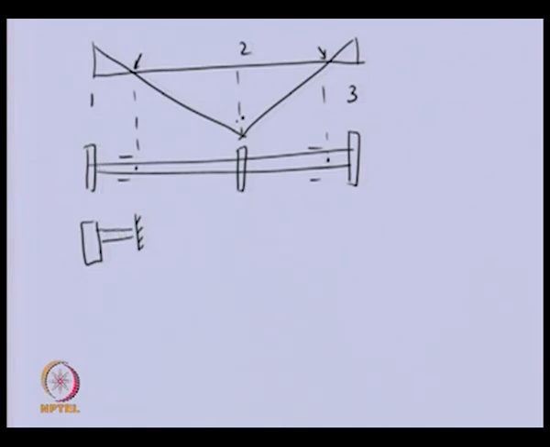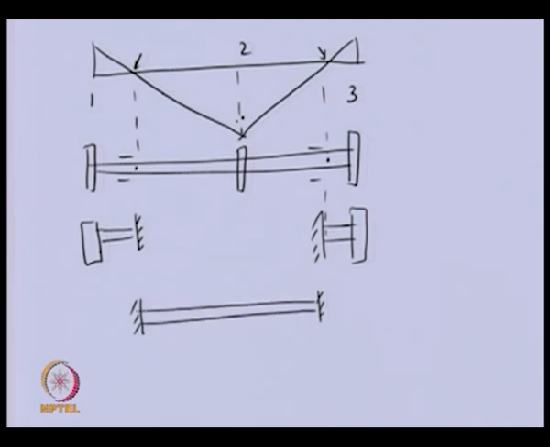Similarly, here, because this is a node position, so 0 displacement. So, this rotor system I am taking separately, and in between these two I am taking a third system like this.